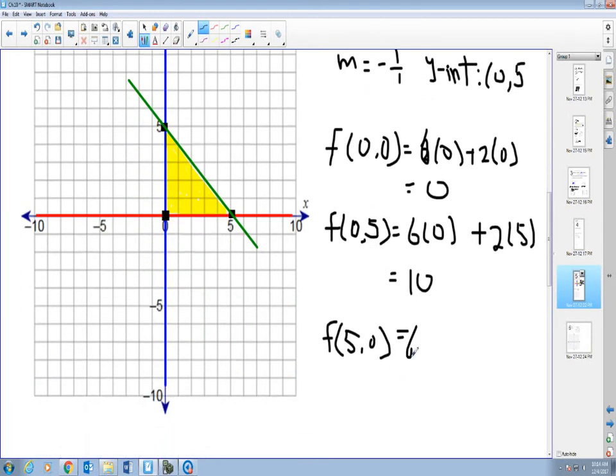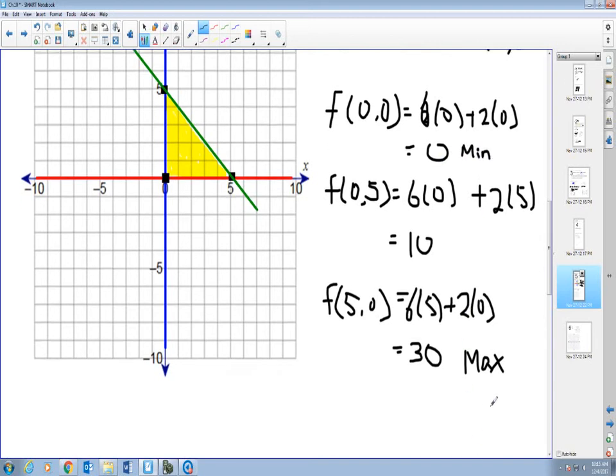That would be 6 times 5 plus 2 times 0. So that will give me 30. So this is the largest number for my objective function. So this got to be the max. And this got to be the minimum because that's the smallest one.